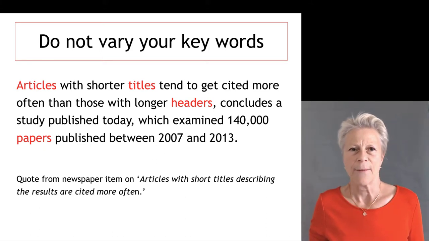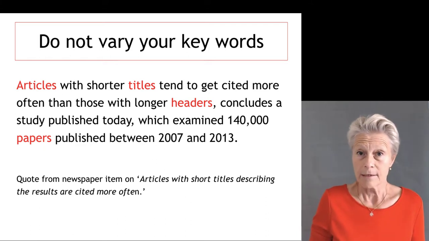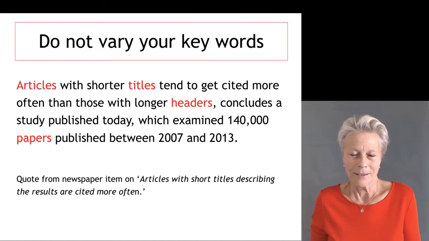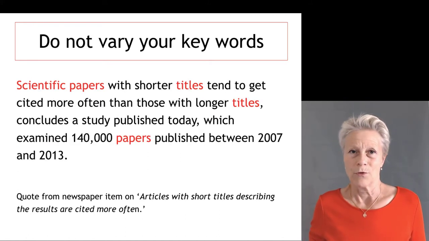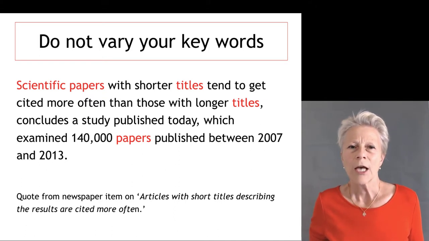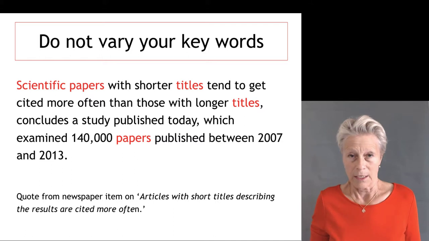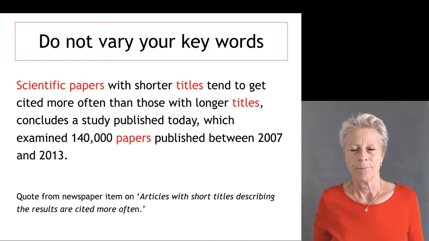And look at this example. Articles are labeled papers further on. Titles are first titles and then they are labeled headers, which is, well, quite confusing. Here I would propose just the following. Start out with scientific papers, because that's what the study has been focusing on, and leave the scientific out the second time.